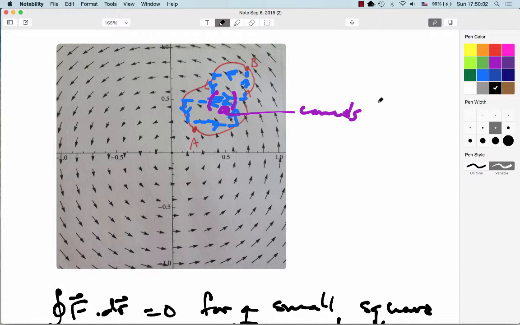So if we go back to this guy here, let's go ahead and imagine that we stick in a paddle wheel right here. Well, we imagine that the vector field here is water going by, and the length of the arrow tells us how fast the water is going. Well, then if we look at this side of the paddle wheel, it's going to get hit harder than this side of the paddle wheel.